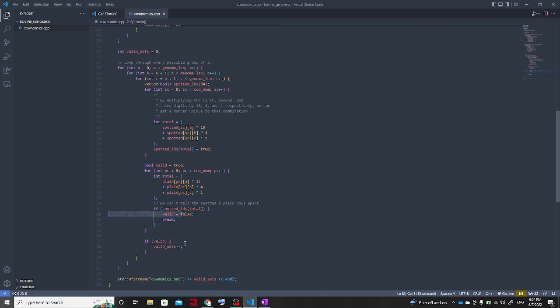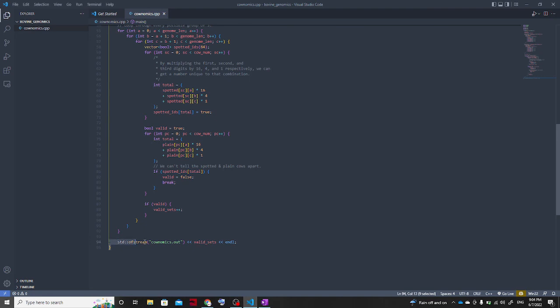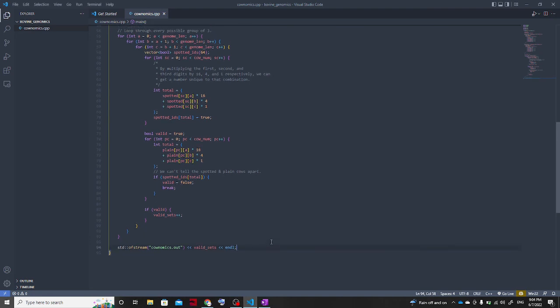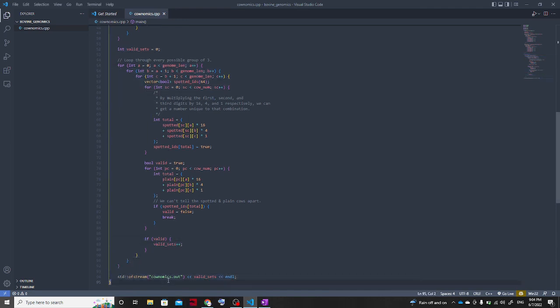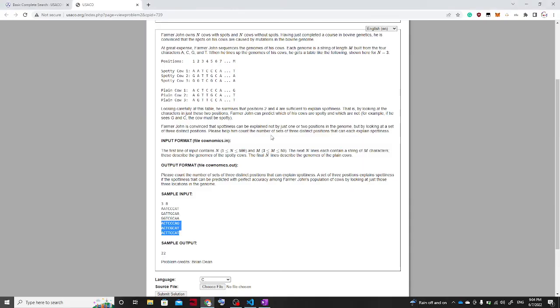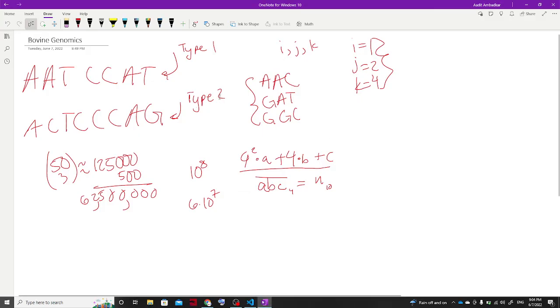So since valid is false here, if we've already seen it and then we broke out, this is not going to run. And after that, all we do is we output valid sets. And what that does is that keeps track in this valid sets for every triplet such that this condition is true. We output that number of triplets, which is essentially what the algorithm that I described was doing.